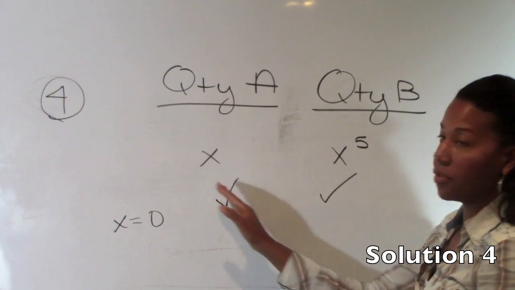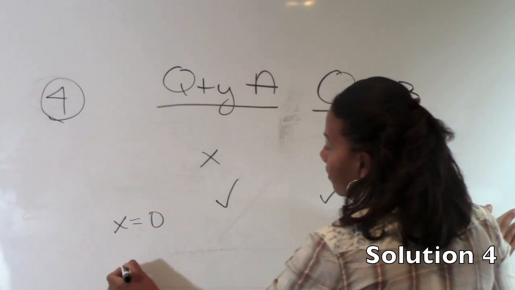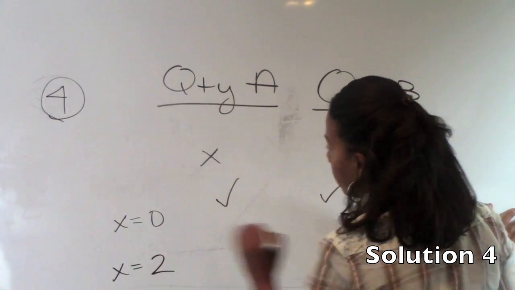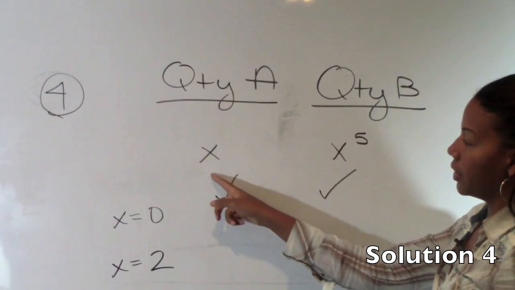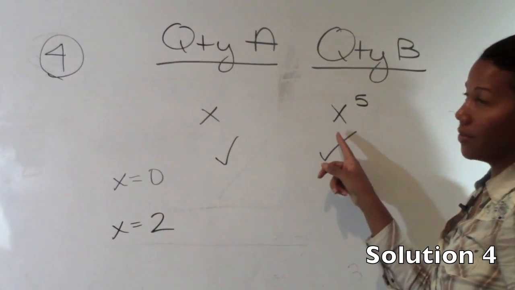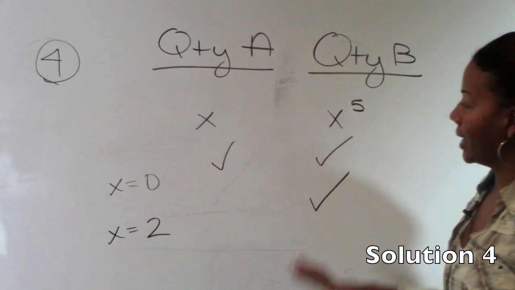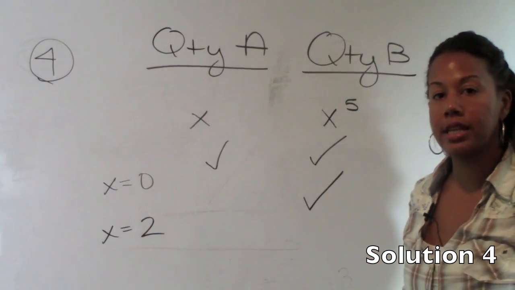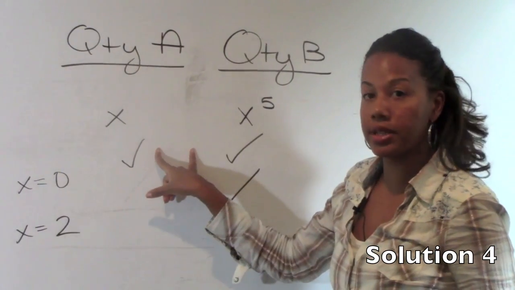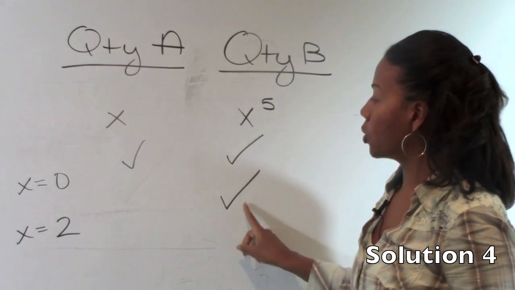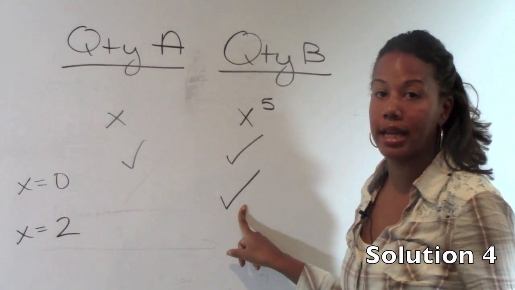Okay, the same is true if x is 1. If x is greater than 1, however, like 2, then the value of this column is 2 and the value of this column is 32. So right here, we already have enough information to say that the answer is D, because sometimes they're the same and sometimes quantity B is greater. So therefore the answer is D.